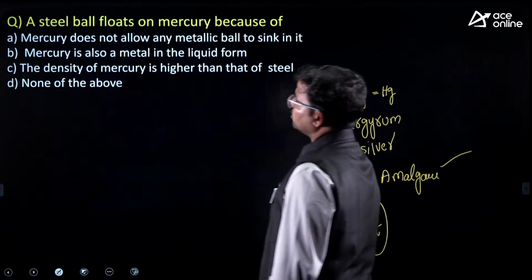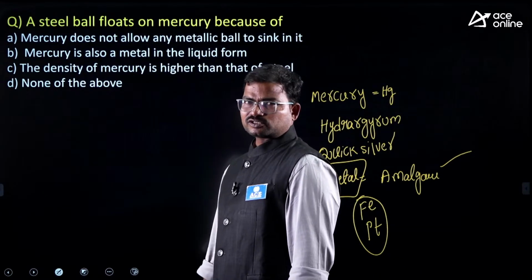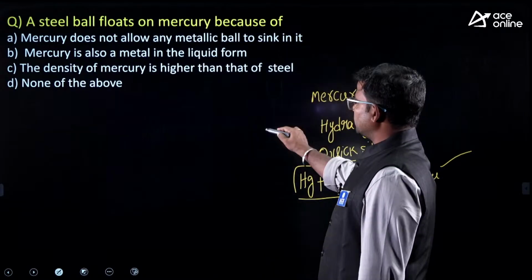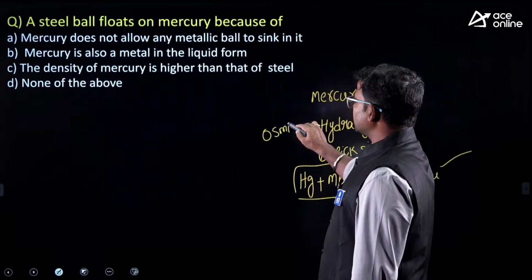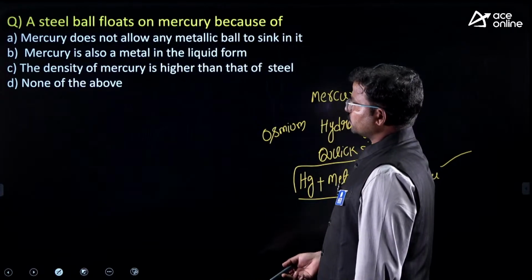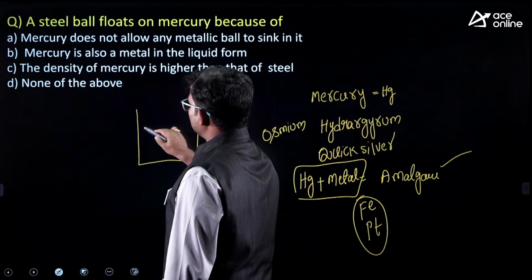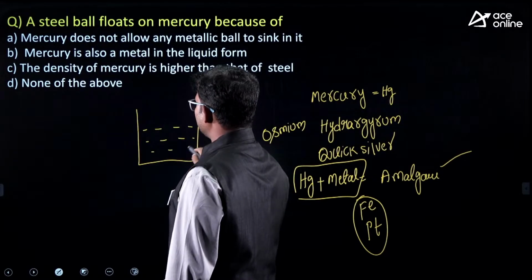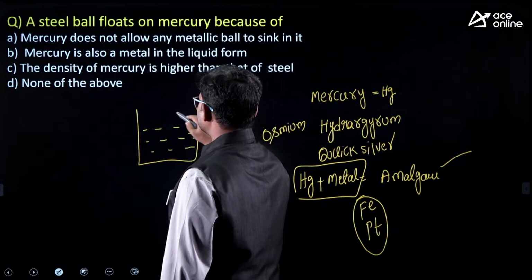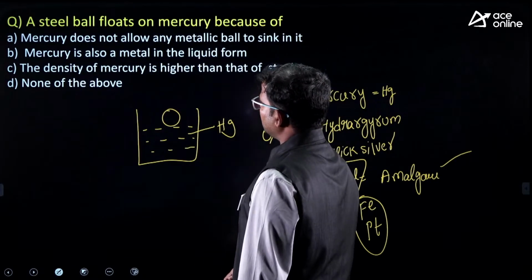One more interesting point: mercury has a high density. Of course, in the periodic table osmium exhibits the highest density. Now, when a steel ball is added to mercury, what will happen?